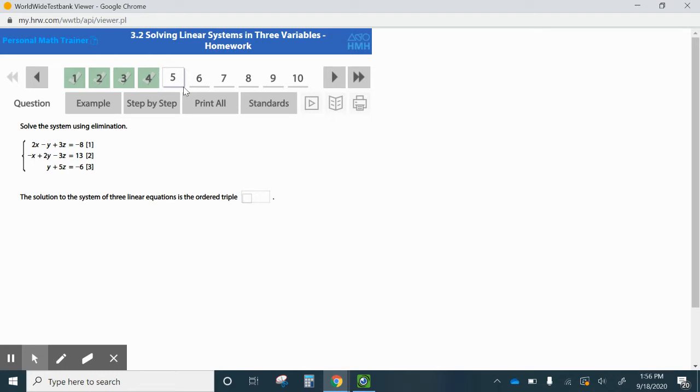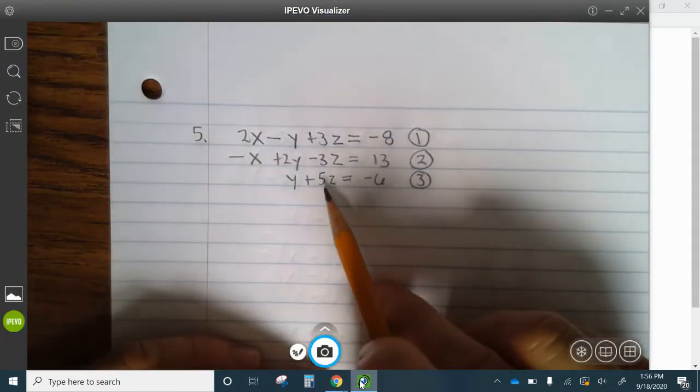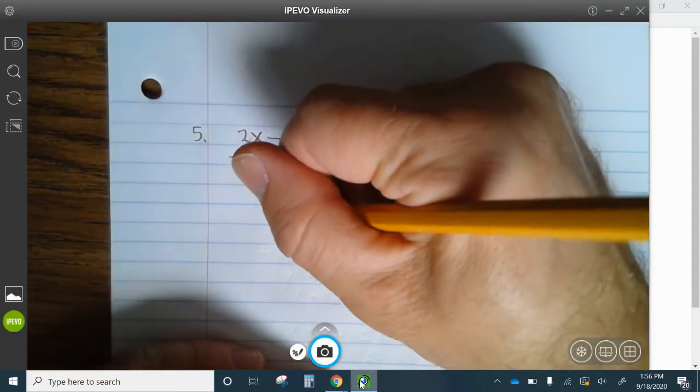All right, so we've got it written down. They've already given us equation 4, so let's call that y plus 5z equals -6. That's equation 4. Now, don't be tempted to eliminate the z's because we need a z in this equation. So we actually need to eliminate the y. Or no, we don't need to eliminate the y's, we need to eliminate the x's.